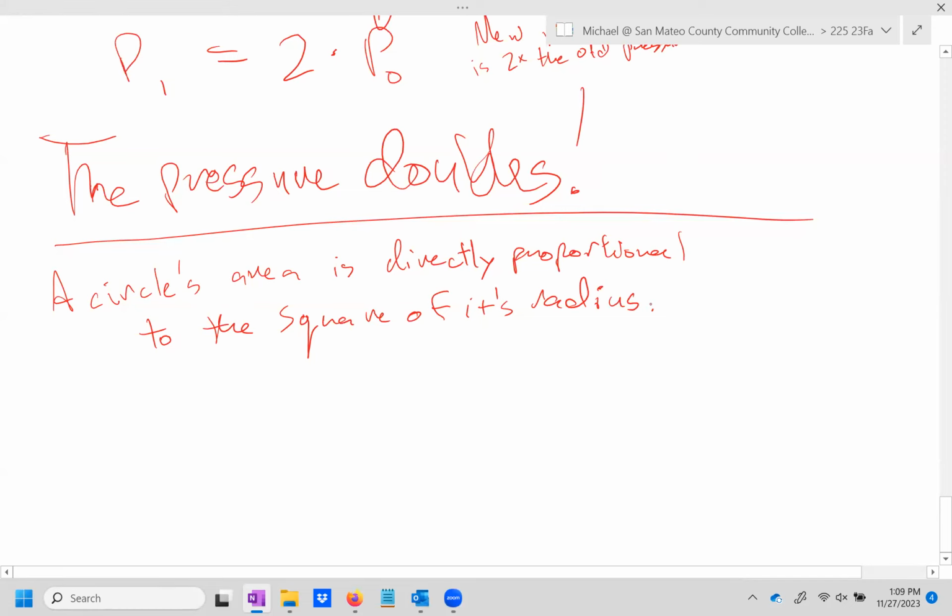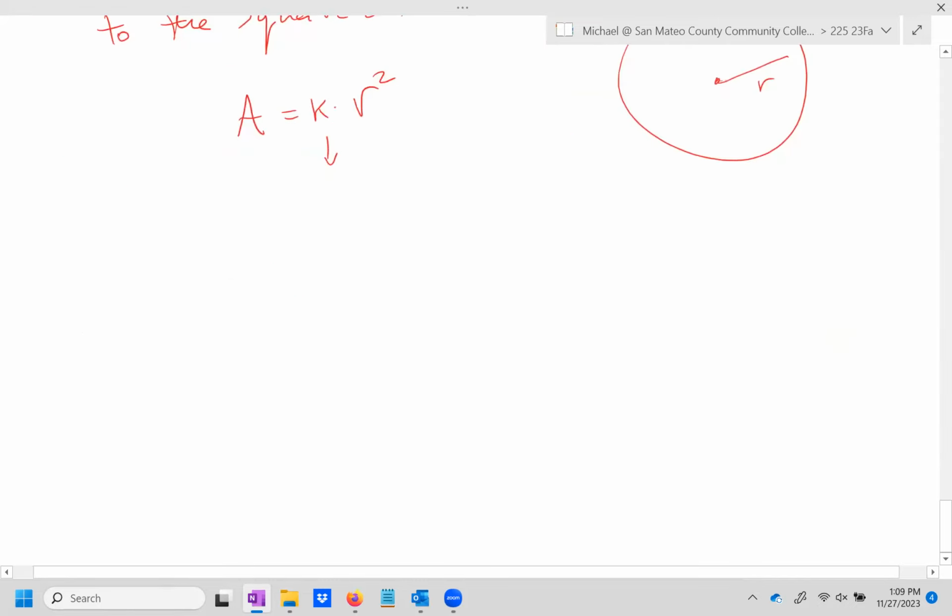Did you know that? I bet you did. What's the formula for the area of a circle like that? The area is equal to a constant k times r squared. And we call this special proportionality constant, we know this one, it's the Greek letter pi.